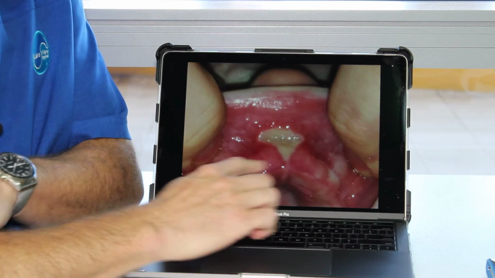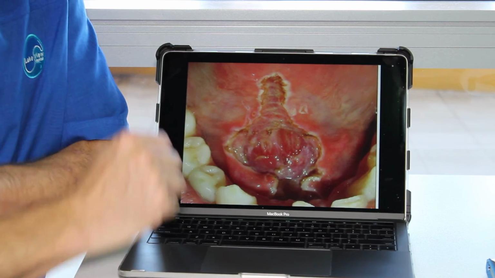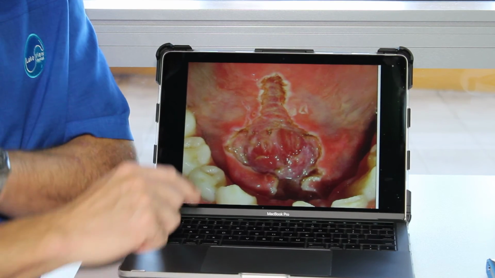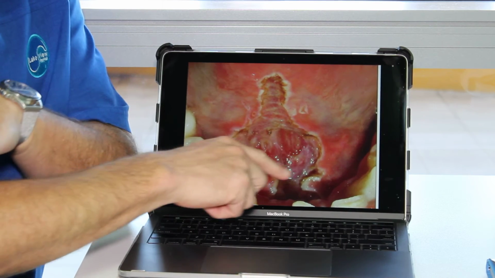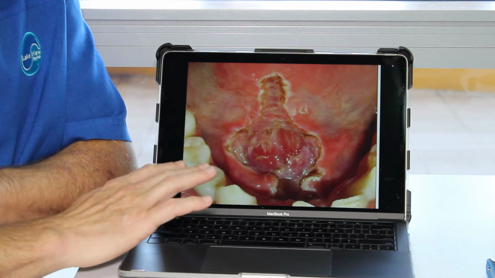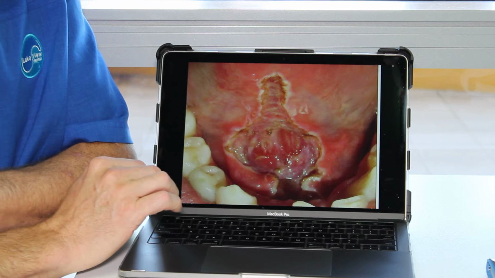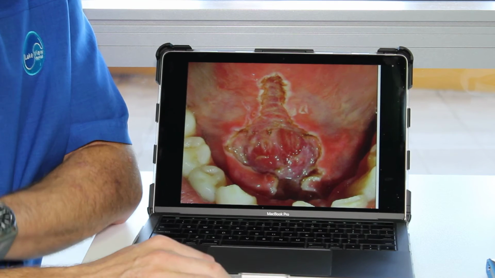And that's a week after. This is the tongue release of laser. And there's a lot of burning in there. And the reason it's popular is because it doesn't bleed, because it gets burnt like that.